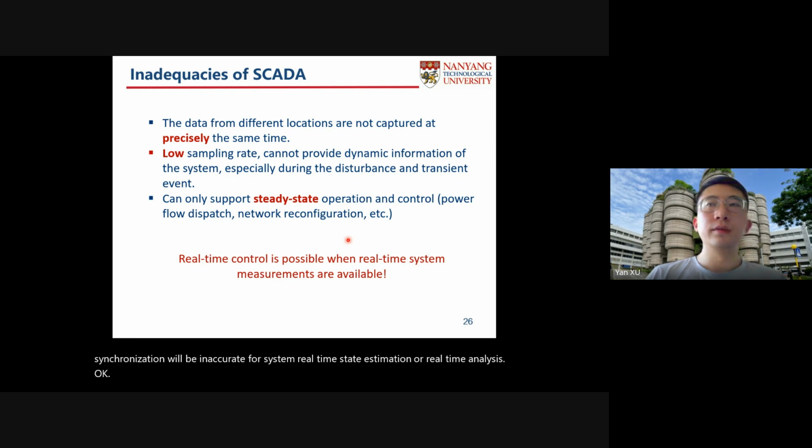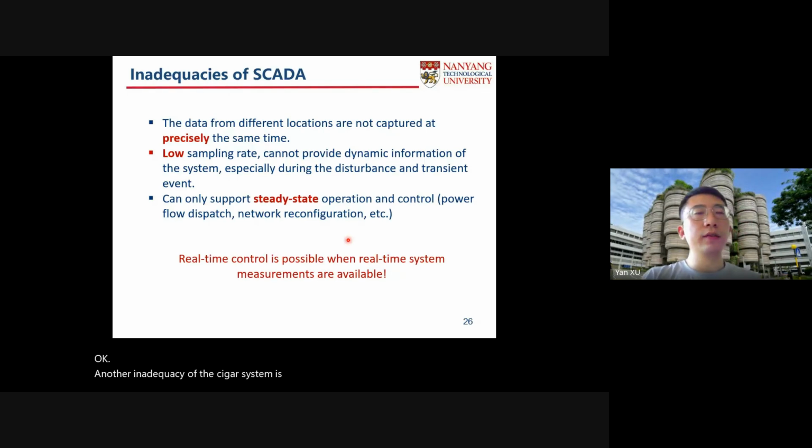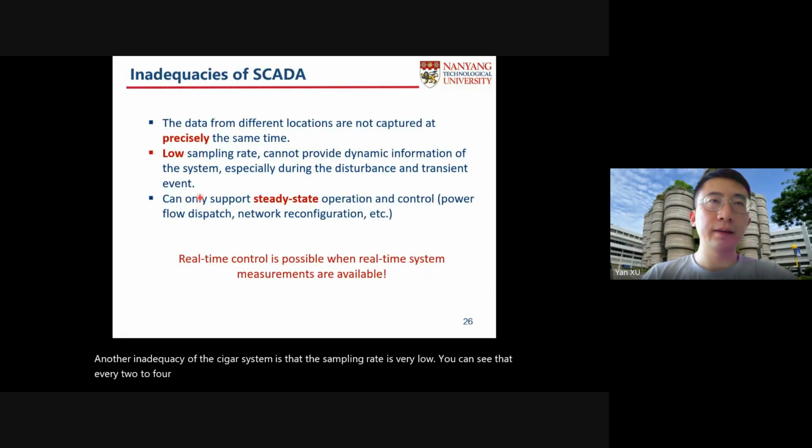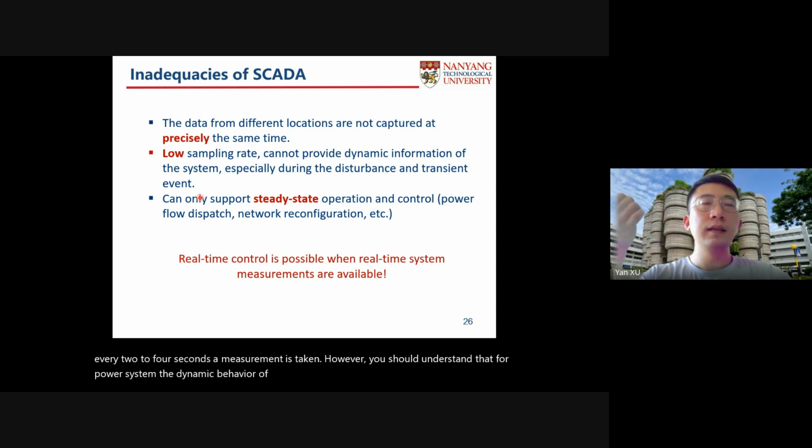Another inadequacy of the SCADA system is that the sampling rate is very low. You can see that every 2 to 4 seconds, a measurement is taken. However, you should understand that for a power system, the dynamic behavior has a very short time interval, sometimes in the range of milliseconds, not to say seconds.